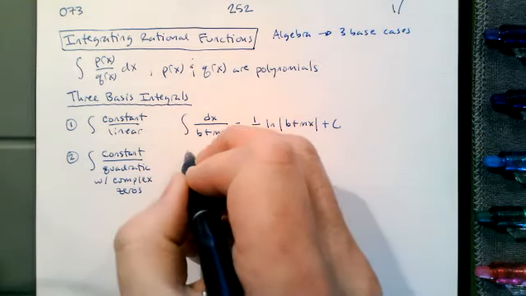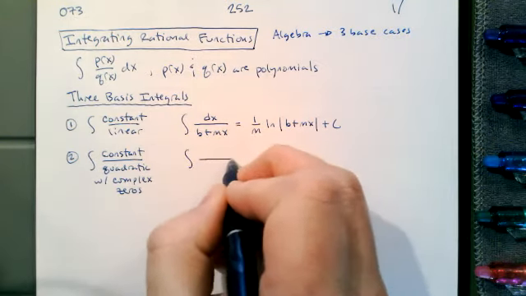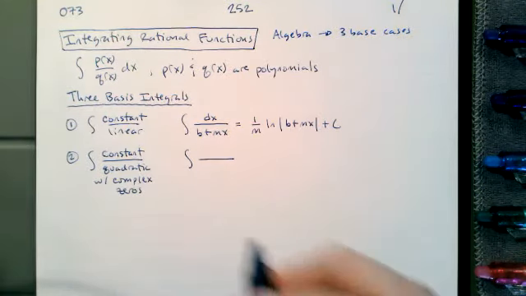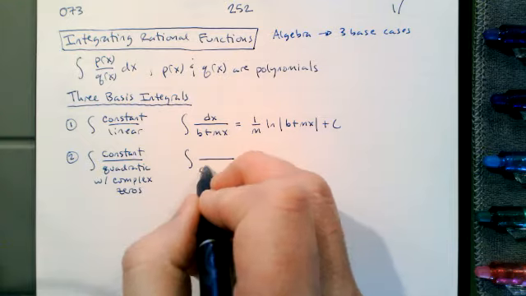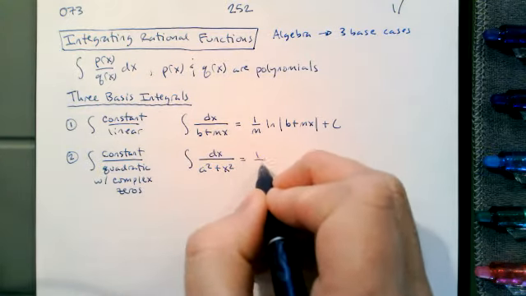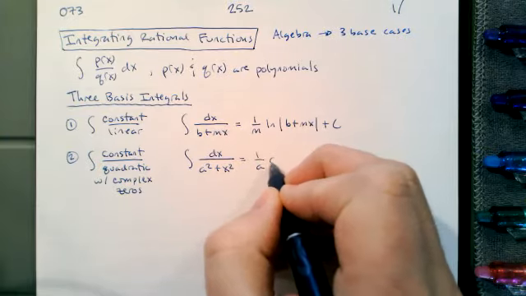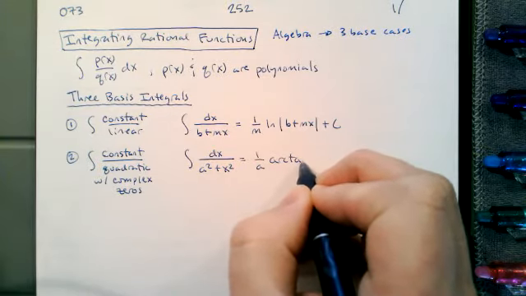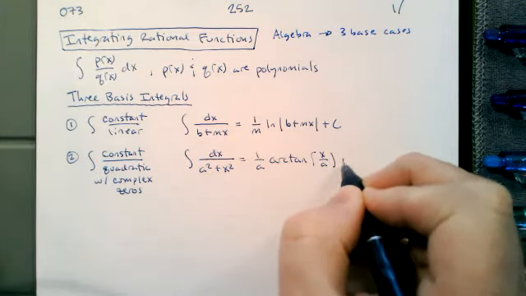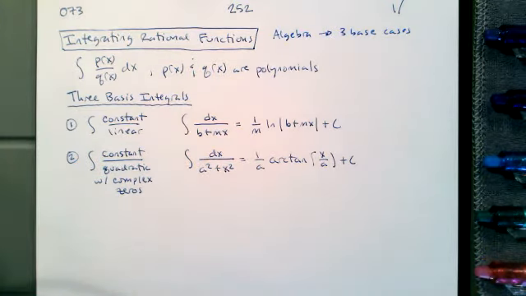So if we have a constant over a quadratic with complex zeros, that's going to bring up arctangents.